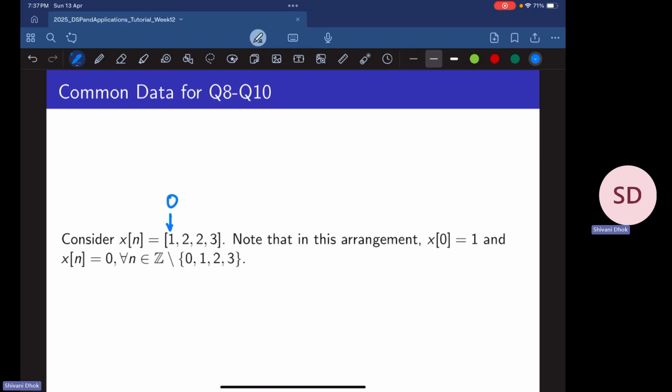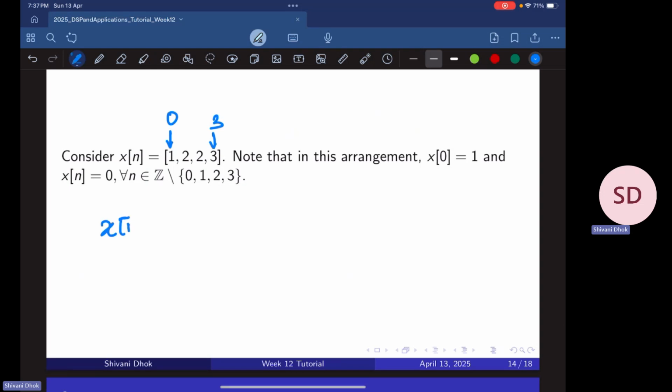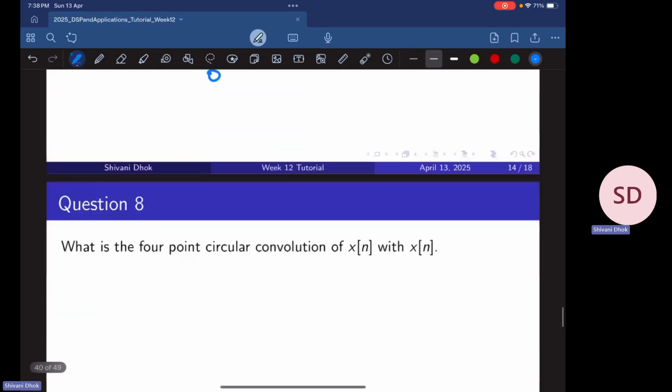So here it is 0, and this is, let's say, 3, and x of n is 0 otherwise. So what it's saying is, we are given a sequence x of n, that is 1, 2, 2, 3, something like this. And this is the information for questions number 8 to 10.